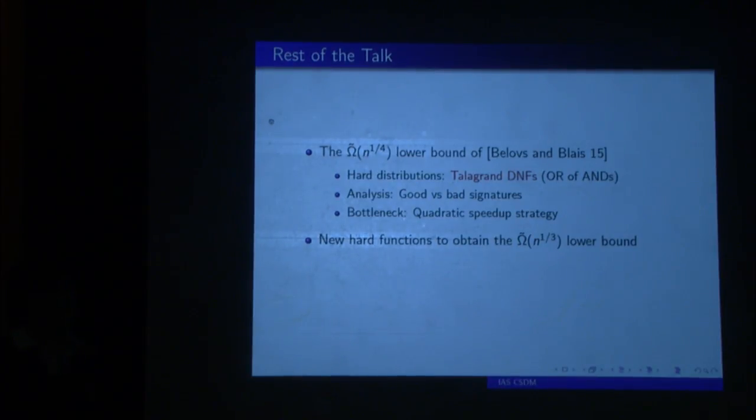I think root n should be the lower bound even for two-sided adaptive, yeah. But okay, we'll see where we get stuck at this 1/3, and I don't know. Definitely you need even harder distributions.